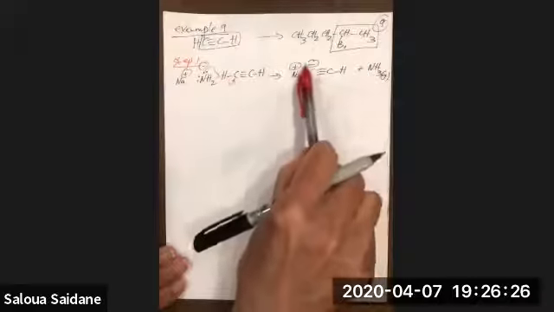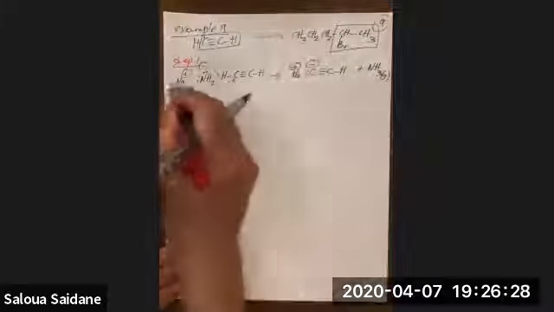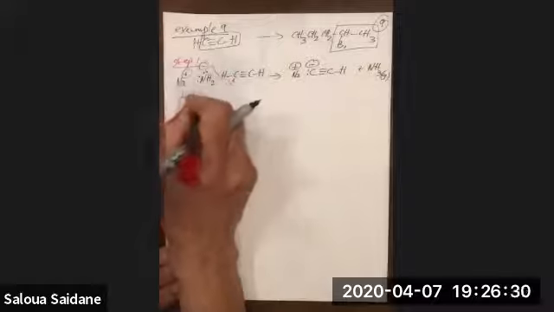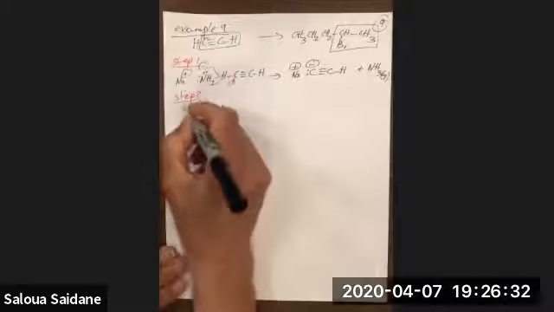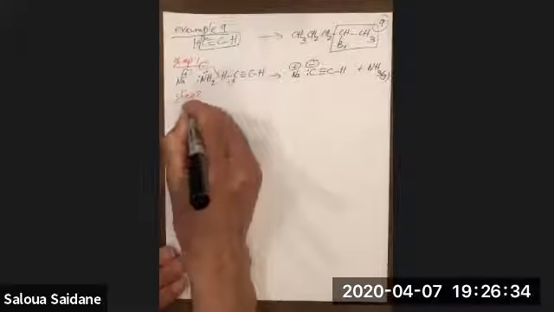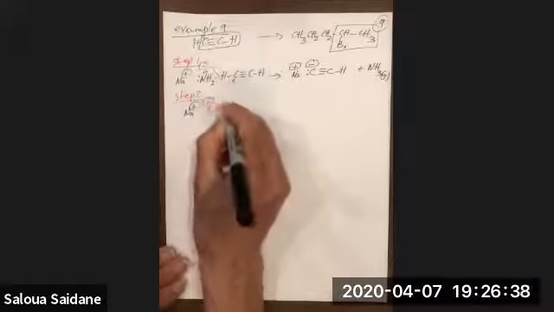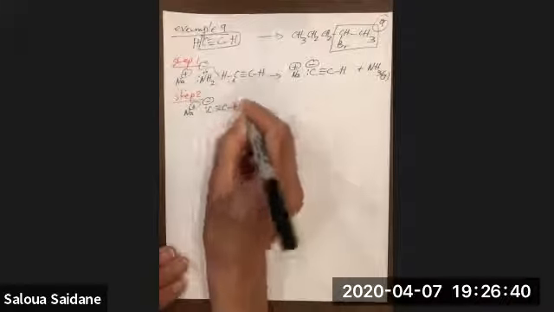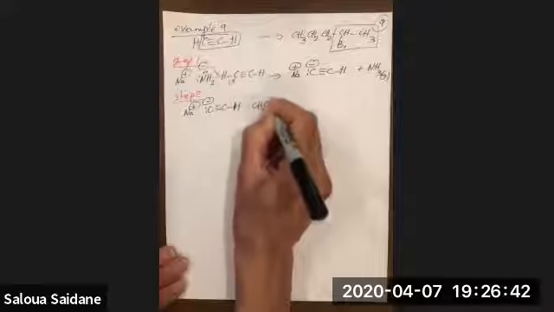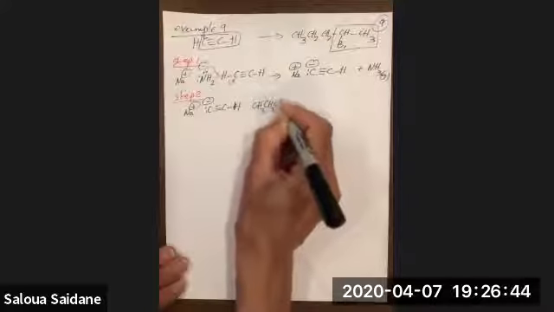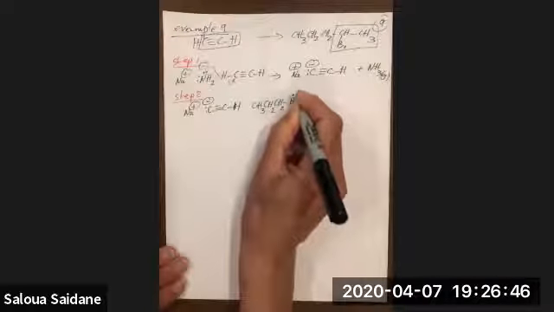Now step 2, this is ready to add the alkyl group. So Na plus, and then C minus. The acetylide now is ready to attach CH3, CH2, CH2Br.